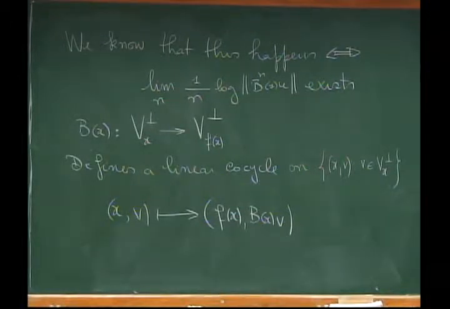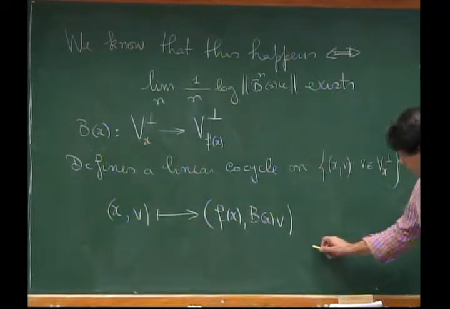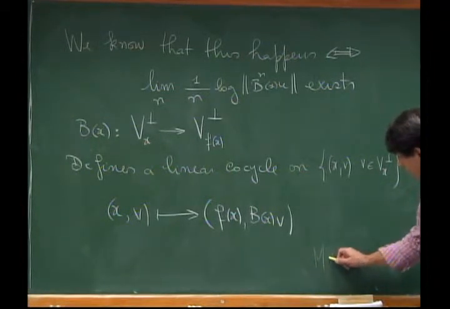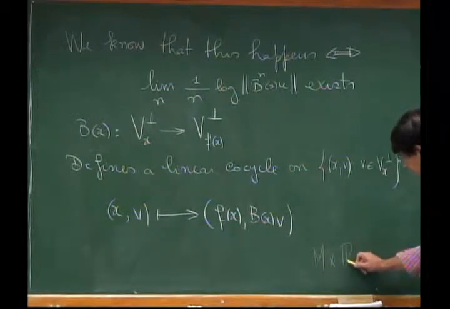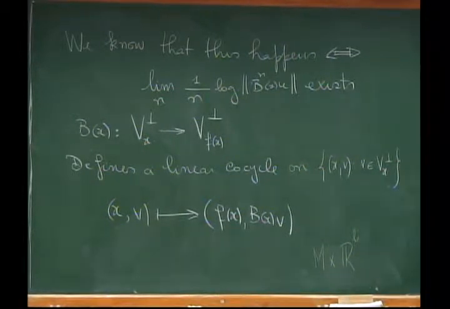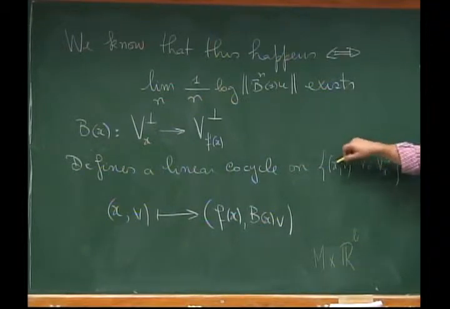And now this is a rather unpleasant situation because I always define linear cocycles on product spaces, and this is not a product. This subspace here depends on x.